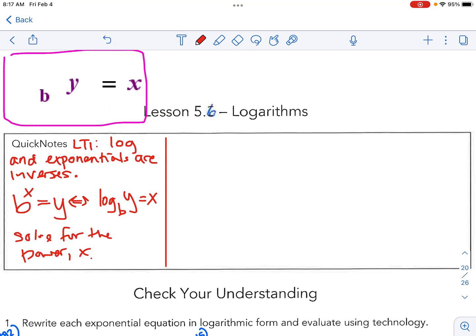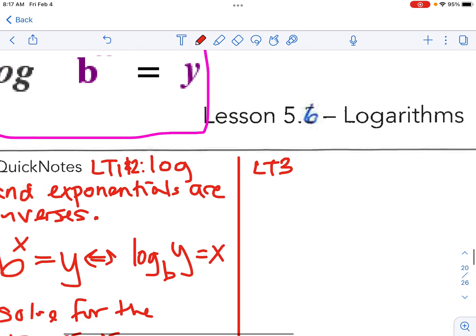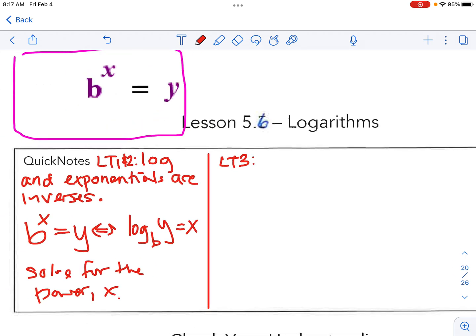Our other learning target is to evaluate logs. I'm going to call it learning target 3 just because in the notes I'm looking at it says 3. This is actually learning targets 1 and 2 apparently, I'm not quite sure why.